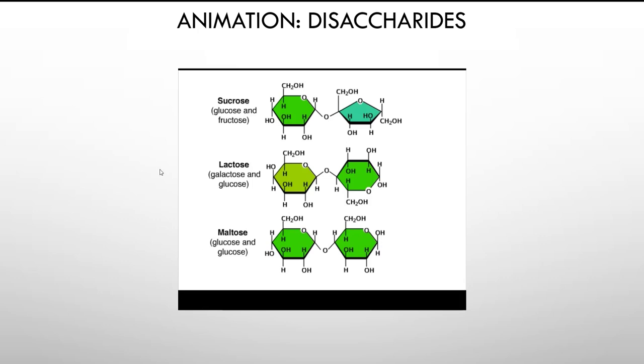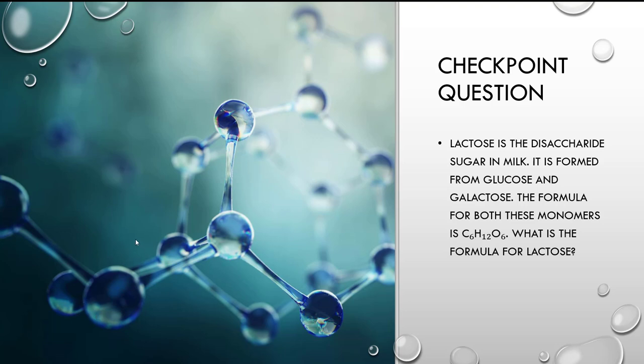Okay, so we can see how those disaccharides are formed from just simply linking together different monosaccharides. All right, let's do a checkpoint question. So we have lactose. Lactose is the disaccharide sugar in milk. It is formed from glucose and galactose.